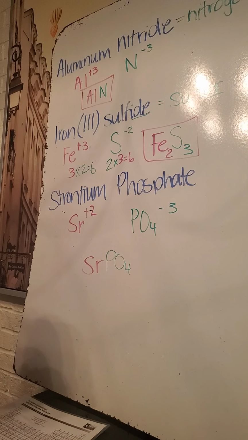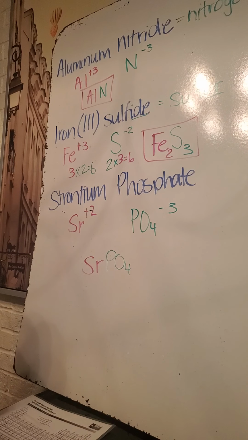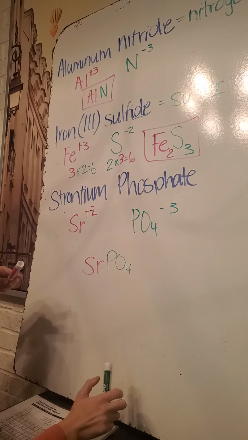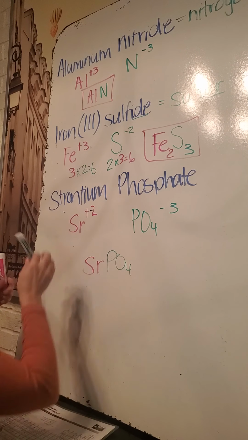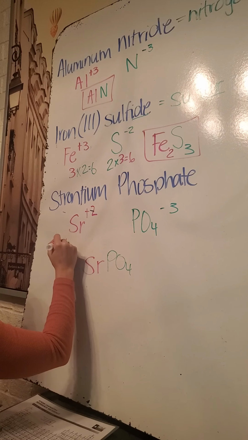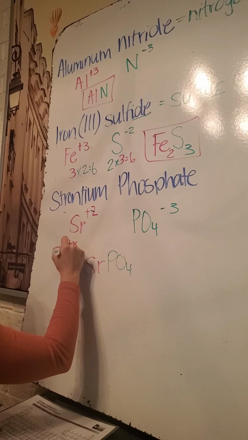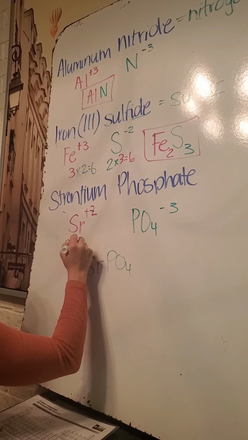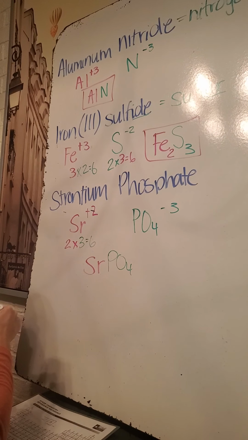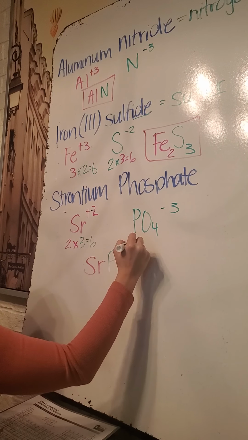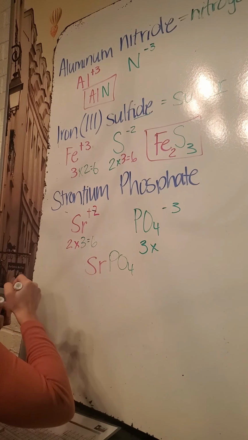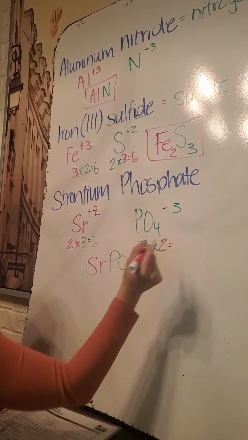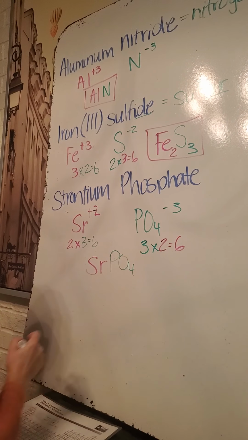How can we get 2 and 3 to balance out to be a neutral charge? Just like we did up here. This time we have 2, and we're going to multiply it by 3, and that will give us 6. Over here, we're going to take 3 and multiply it by 2, and that will give us 6.